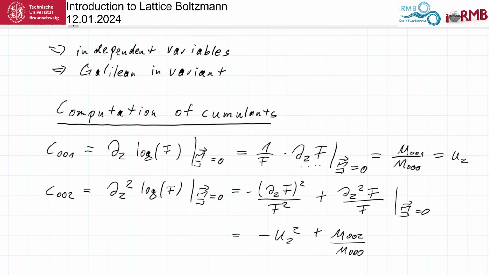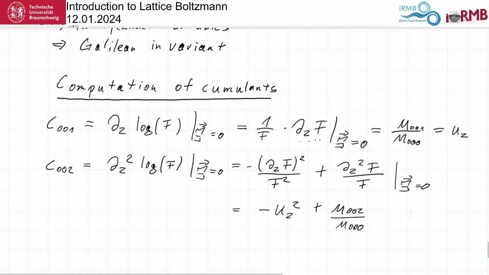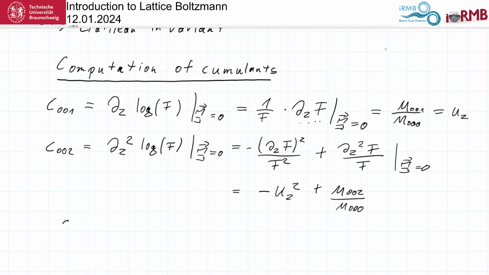Now if you do this for the other second order moments too, and you know that m002 in equilibrium is u_zeta squared plus theta, times rho, and you plug all of this in... okay, I made a mistake here.